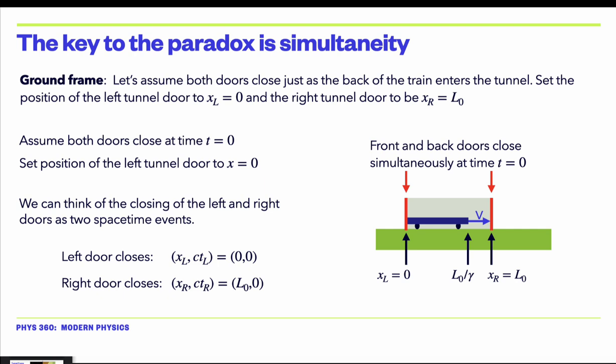We can think of the closing of the two doors as two space-time events, and we'll use the Lorentz equations to think about the problem. The left door closes at space-time coordinates 0, 0, so at position x equals 0 and time equals 0, and the right door closes at position L0 and at time equals 0.